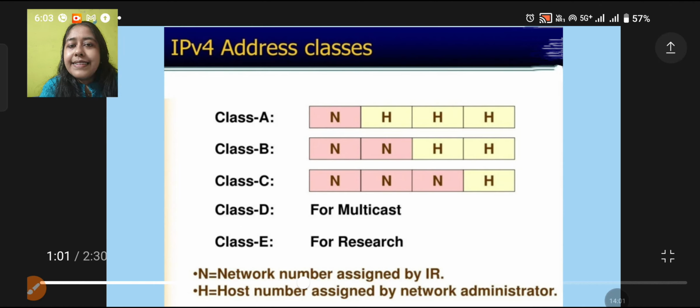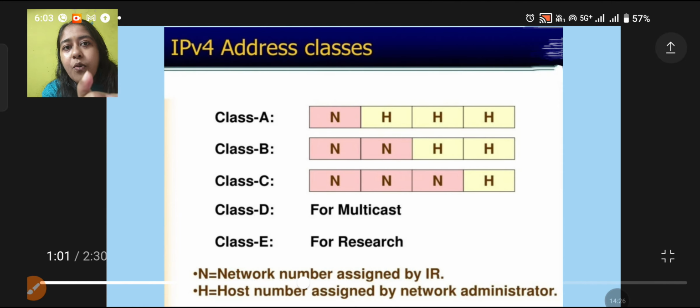So in classful addressing, for class A, the first bit; for B, the first 2; for C, the first 3. D and E are for multicast and for research. And H is the host number assigned by the network administrator. So the first one is your network number, the second one is your host number.